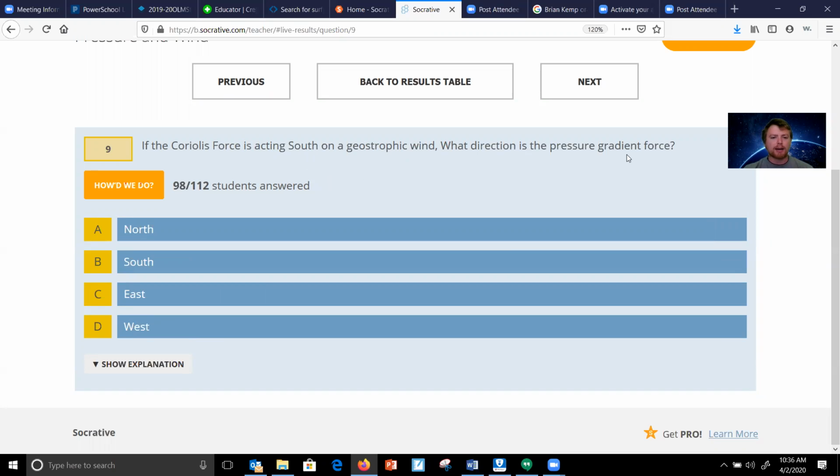So again, all these questions, this one could have been debatable, I guess, because we do focus mostly on the northern hemisphere. So we kind of answered this one already. The Coriolis force is to the south. All right. That means that we know that the wind must be towards the east.